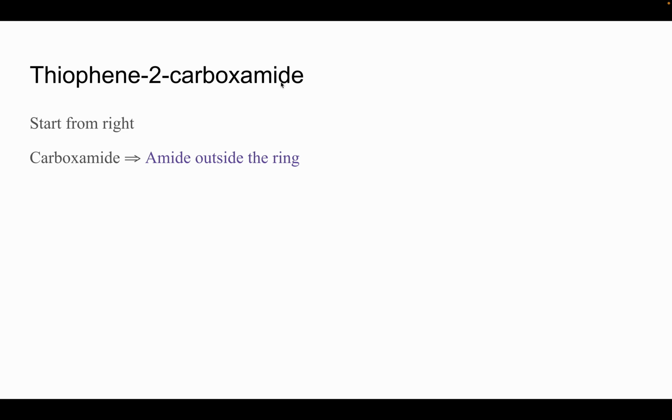If the amide group is present outside the heterocyclic ring, it is a carboxamide. So you have got the idea that the functional group is an amide which is outside the heterocyclic ring. Amide is a carbonyl group and an amine group.